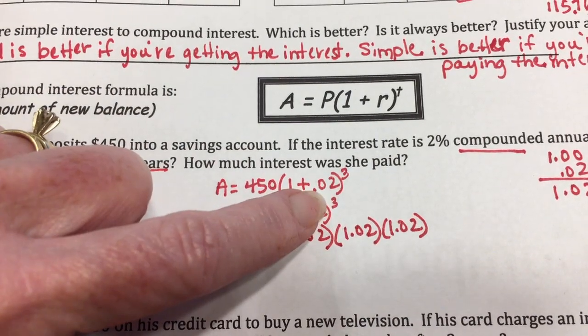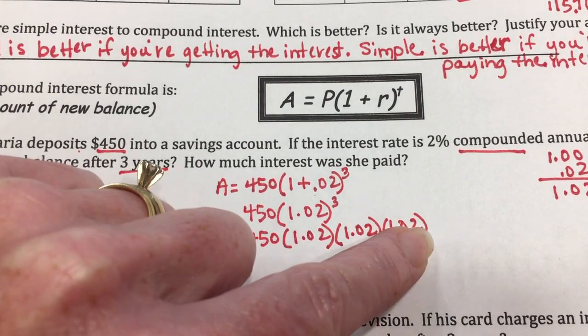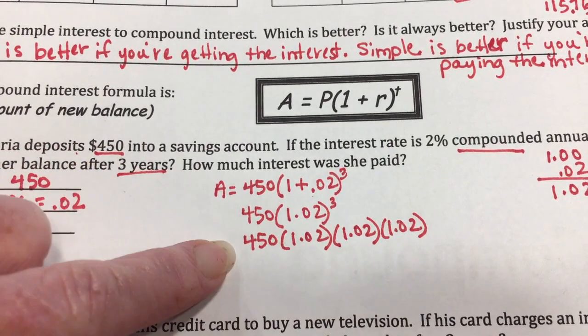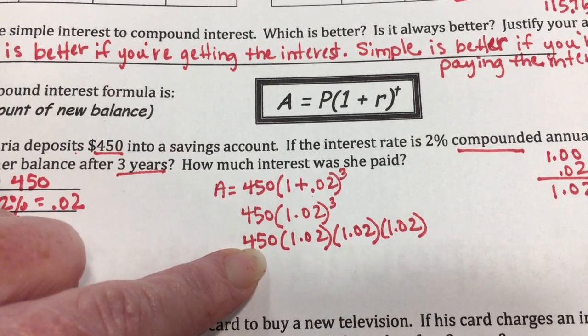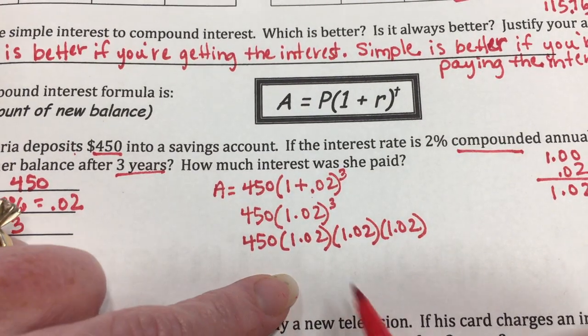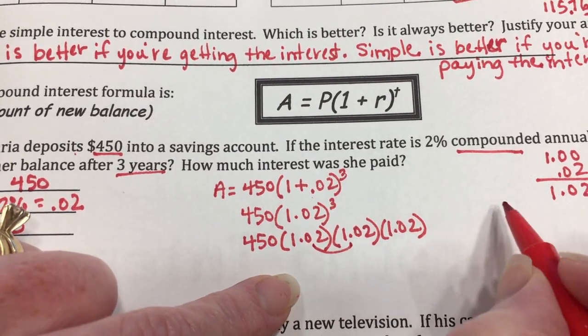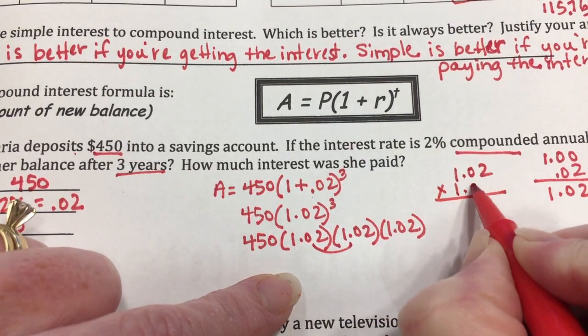1, 2, 3, because there's a 3 here. Now, this could take a really long time. So for today, we're going to do the easy way. I'm going to let you use a calculator for compound interest only, to multiply, because you can get really bogged down in this. So I'm going to go ahead and start with the first two, 1.02 times 1.02.